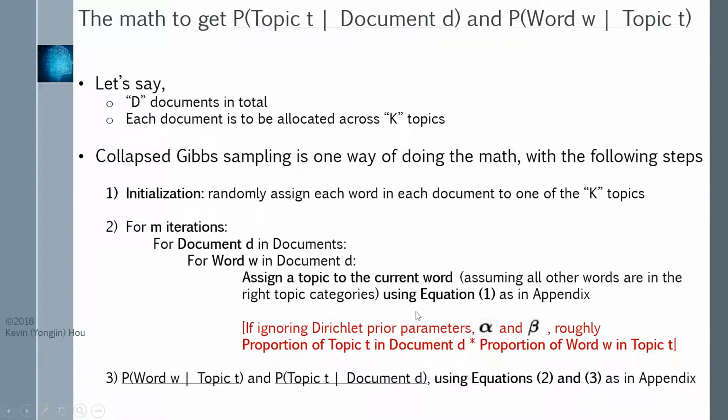So that's the task. We have the exact formula as equation 1 in the appendix.